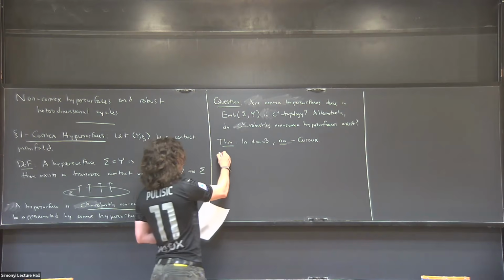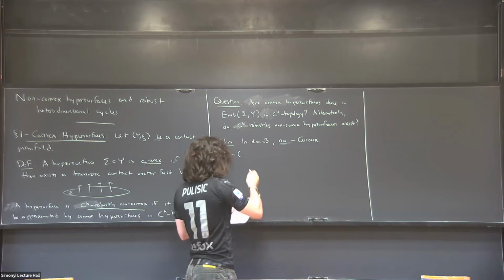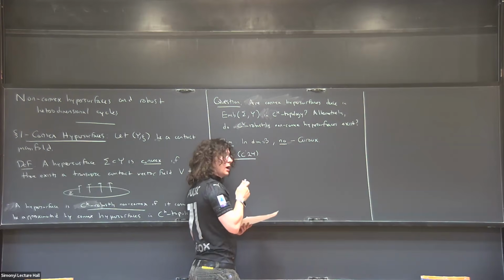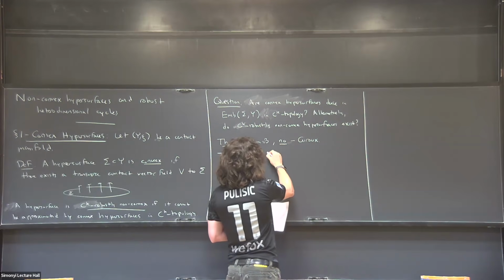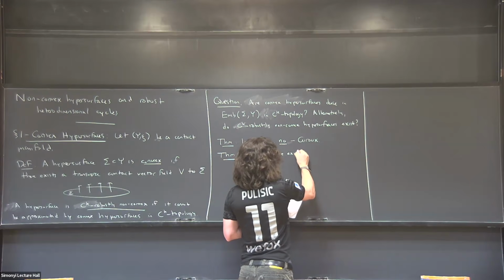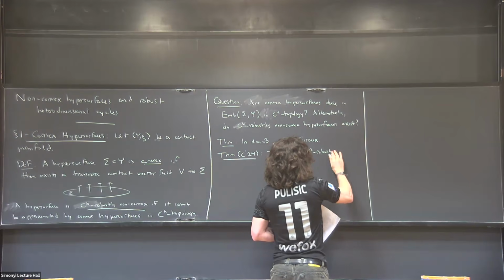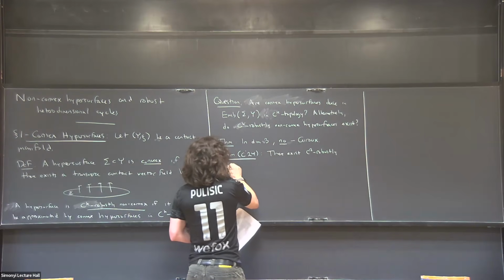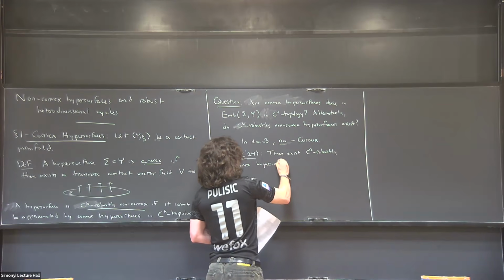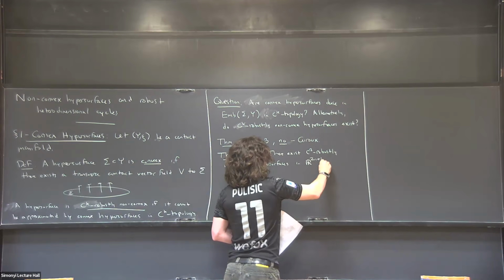And then recently, about a year and a half ago, I wrote a paper that proved that, in fact, there exist C2 robustly non-convex hypersurfaces in R^{2n+1}.